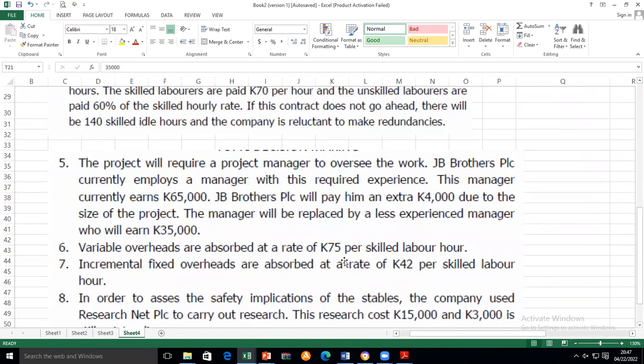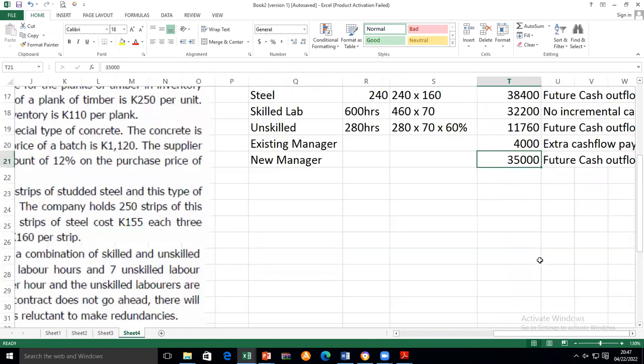Variable overhead absorbed is 5 per skilled labor hour. These are incremental cash flows. Variable overheads are incremental cash flows. So how many hours do we have there? Skilled labor hours, 600.